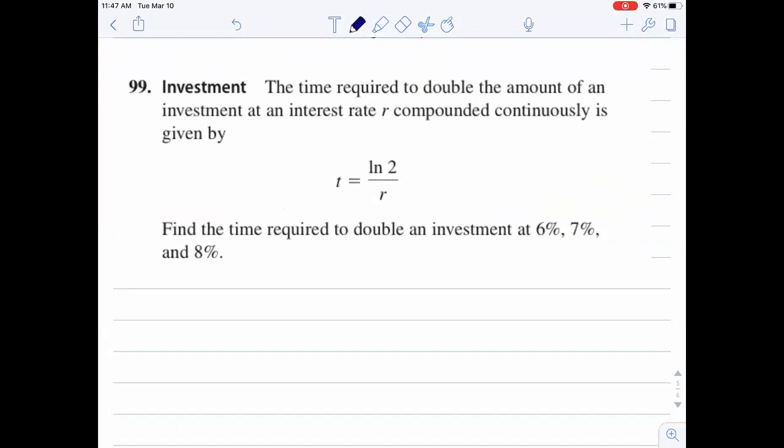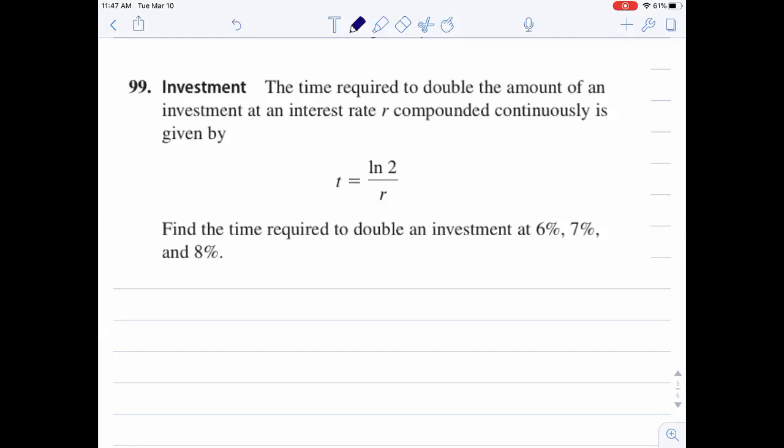It's just 72 divided by the rate as a percentage. But this is going to make more sense because we usually have to convert our percentages, so our interest rates, to decimals, right? And so it makes more sense if we just continue using decimals.